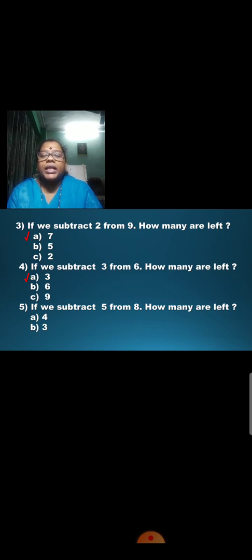If we subtract 5 from 8, how many are left? Options 4, 3. Now what you will do? Take 8 on your finger, children. And how many you will remove? 5. Very good.